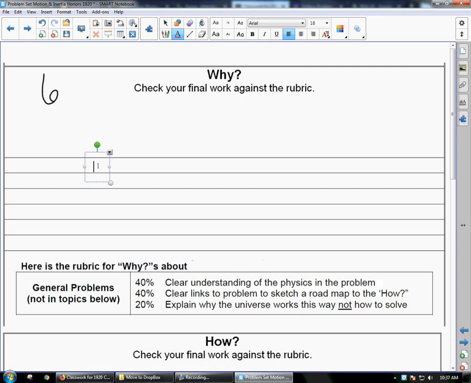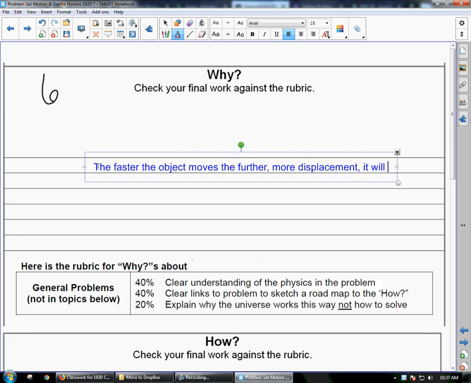Okay, let's start off simply. The faster the object moves, the more displacement it will have in a given time.